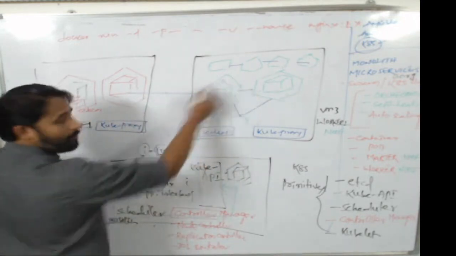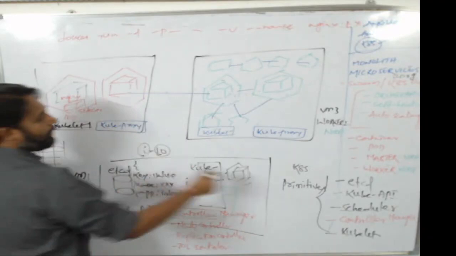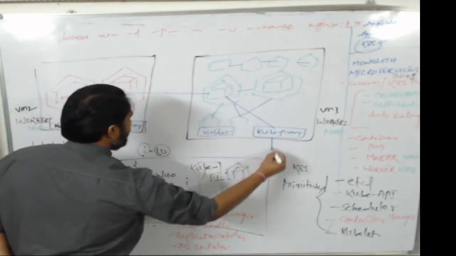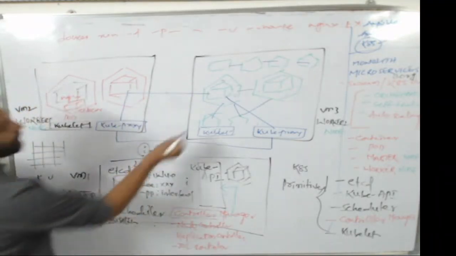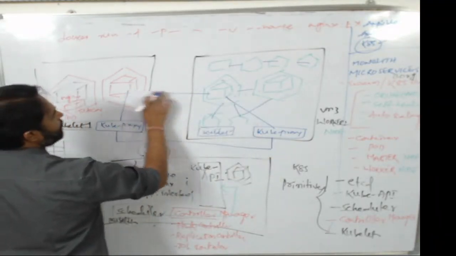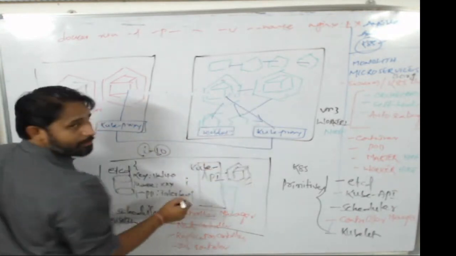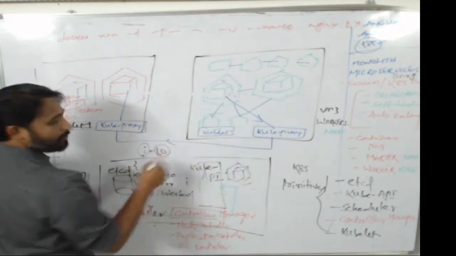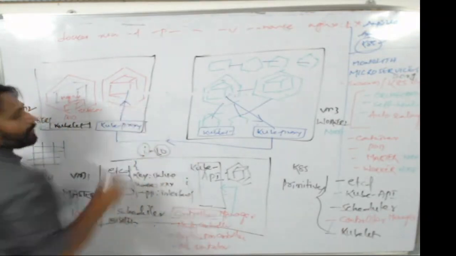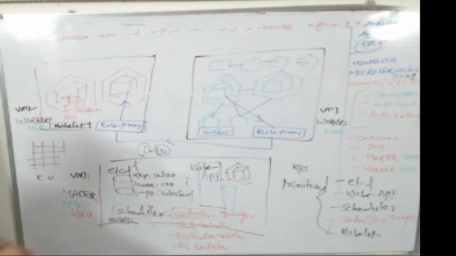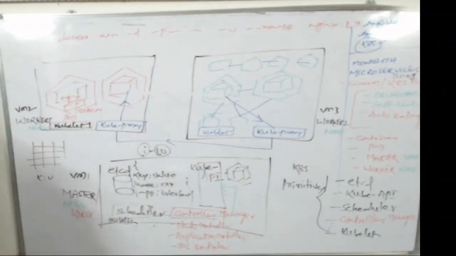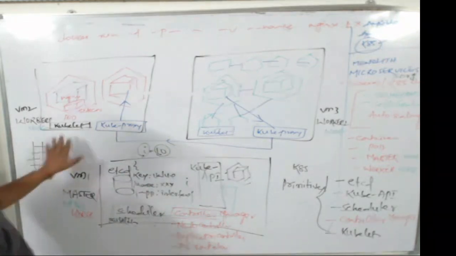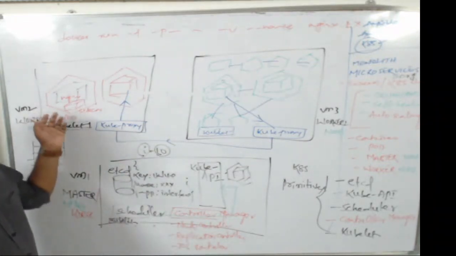So if this pod wants to talk to this pod, it is coming through the API. This pod wants to talk to this pod. So what is happening? Talks to the proxy. This proxy talks to this proxy. This proxy allows the communication to pods. So the kube proxy is the component that handles the communication among all the pods. That's the networking component. And kubelet is the one that creates the pods.